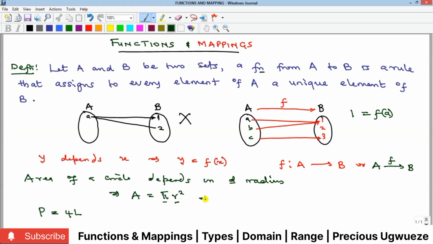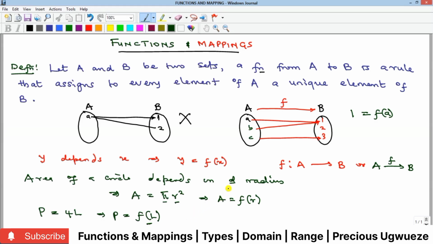So in this case, we can say that A is equal to f of r. And here we can say that P is a function of L. All right, so this is basically what a function is all about.